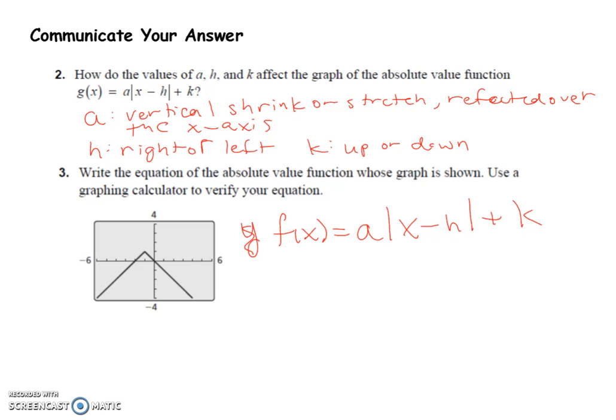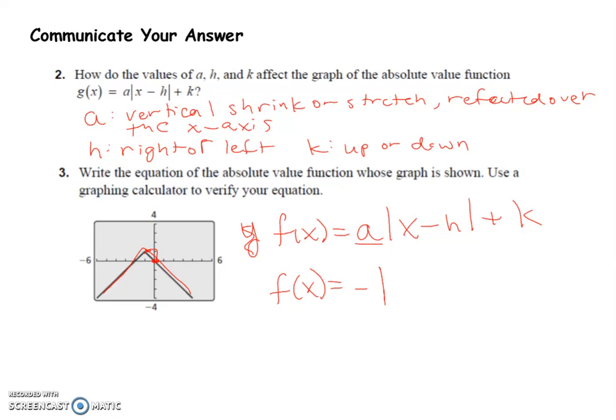Now sometimes those values are going to be 0, and that would be fine too, and we'll just look. For this one, we see that our graph has been reflected because it opens down, so that tells us that a is going to be negative. So f of x equals negative. It doesn't appear to have changed shape. If I go over 1 and down 1, that tells me we're still in the basic shape.